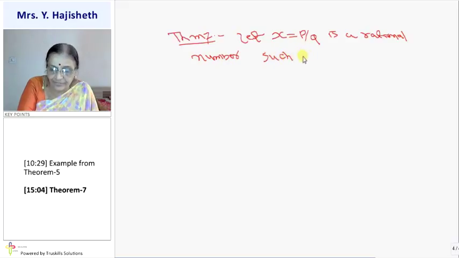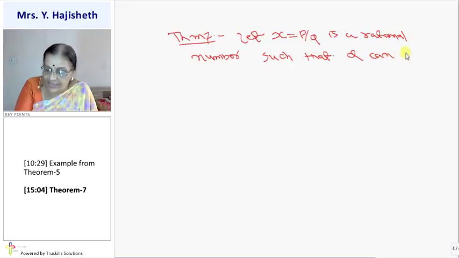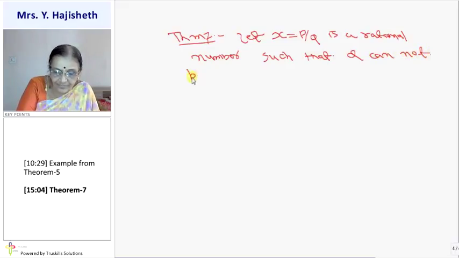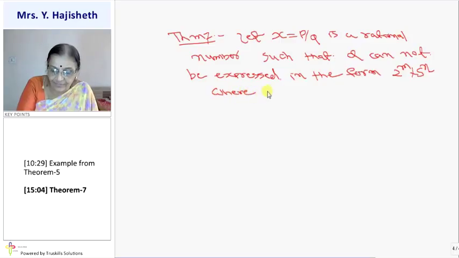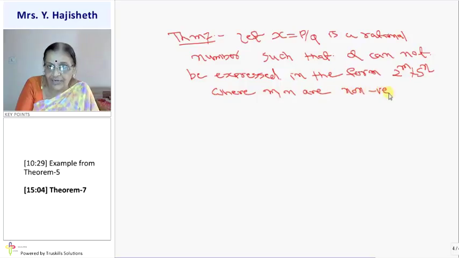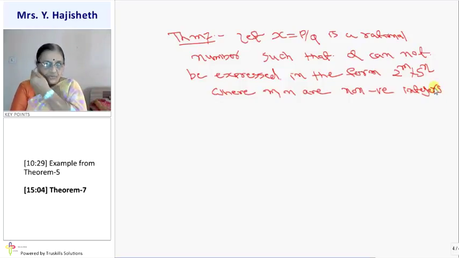Such that q cannot be expressed in the form 2 raised to m into 5 raised to n, where m and n are non-negative integers. Okay.